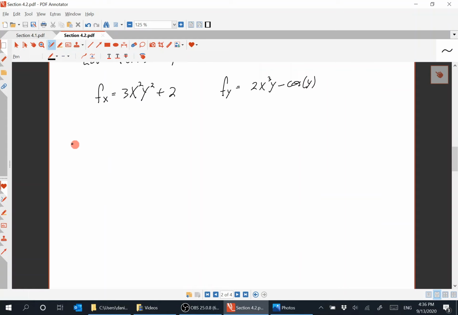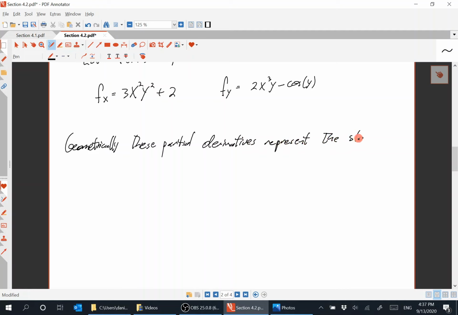Geometrically, what do these represent? These partial derivatives represent the slope of the curve z equals f of x, k for a specific value of k.